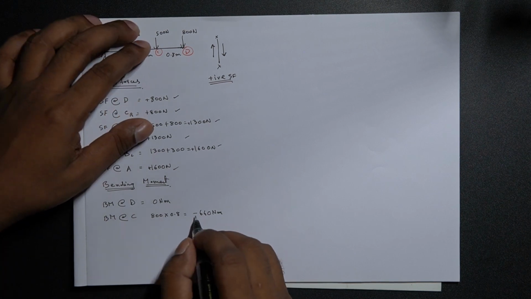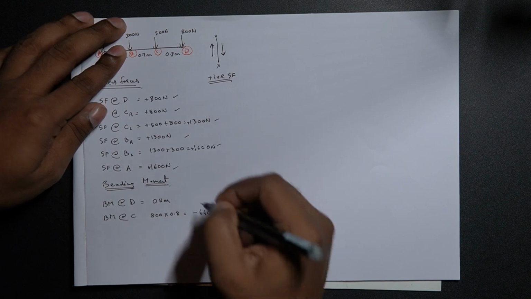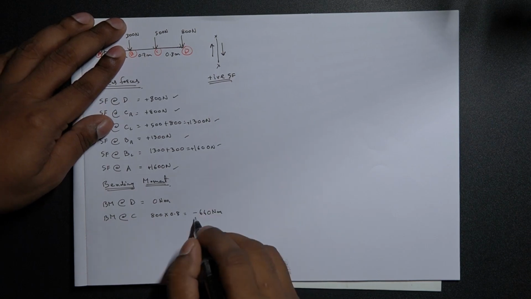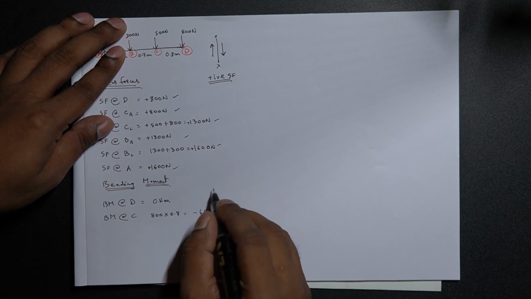Now if you recognize, I have represented this with a minus sign because when it comes to bending moment, we can represent the sign notation in two forms. The first form is hogging and sagging action.